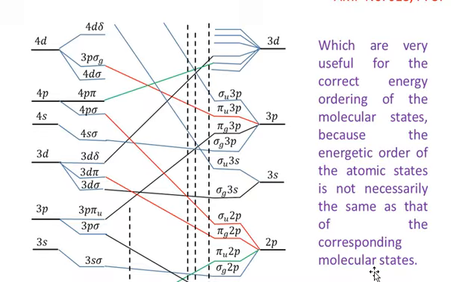So you can see in this diagram that some lines are quite inclined, connecting the atomic states with the molecular states. Some molecular states are lying higher, and some molecular states are lying lower relative to their atomic counterparts.